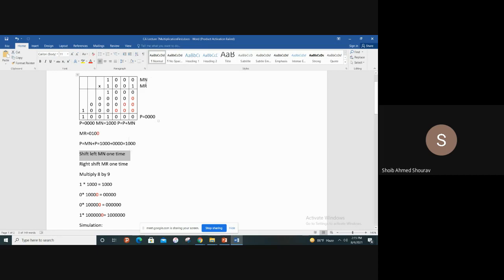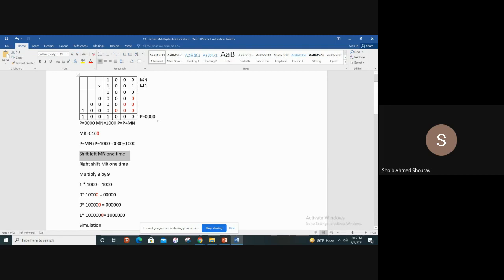Remember, when we are going to start the multiplication algorithm in our processor, what do we get? Registers, right? Please respond. Yes, sir. In registers, we have to store these values mn, mr, and we have to take another register to store the product.